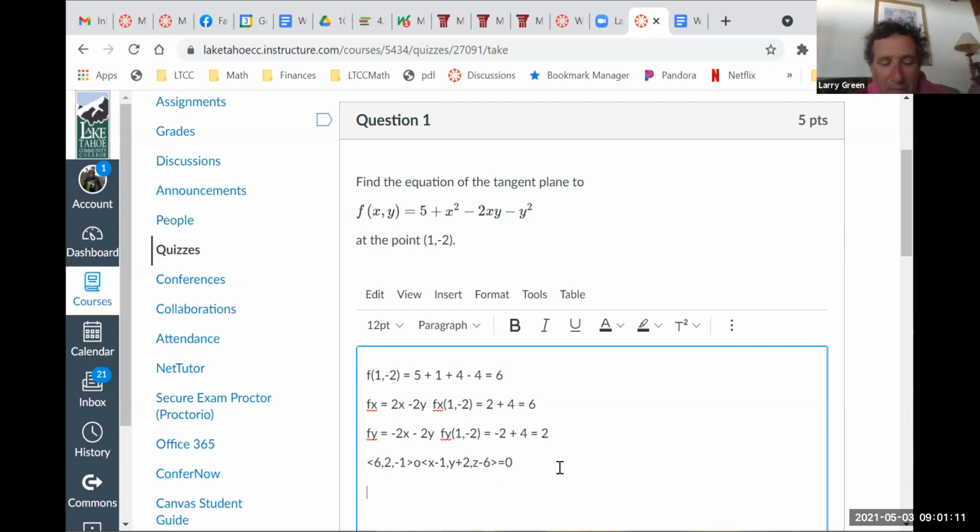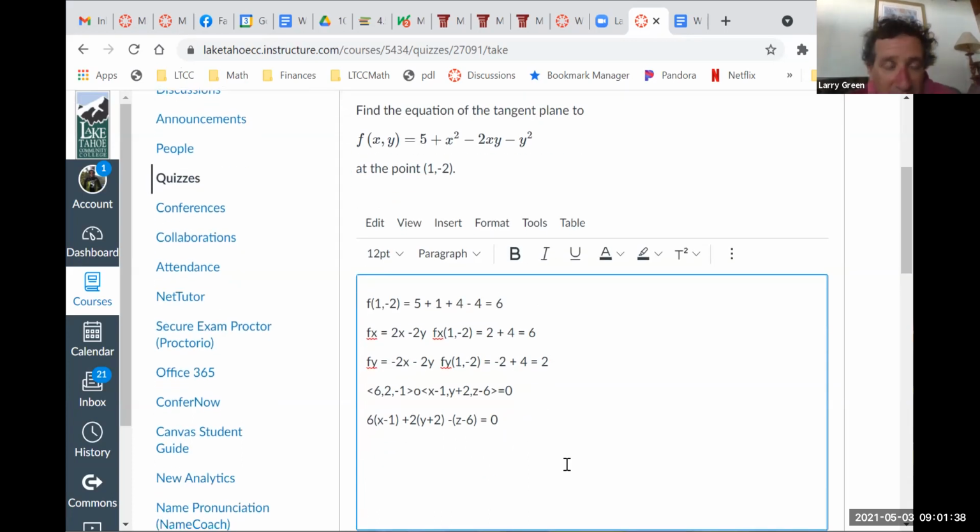Okay, now I just take the dot product and I'm done. So we get 6 times x minus 1, and then plus 2 times y plus 2, and then minus 1, I'll just go minus z minus 6, equals 0.